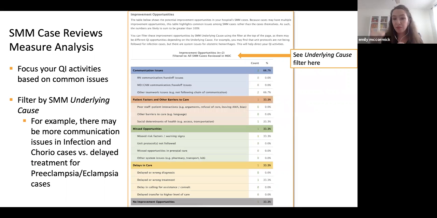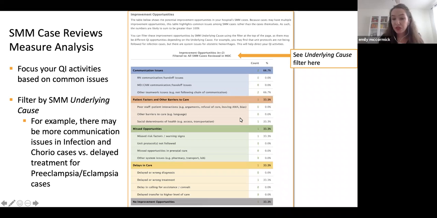And lastly, at the bottom of this page, we will sort your improvement opportunities by QI domain. So this way you can see, okay, of all of my cases, in this case, 2 of them had improvement opportunities, and then seeing what's really driving these. So I would say, okay, this is mostly communication issues, and really it's teamwork issues like not following the chain of communication.